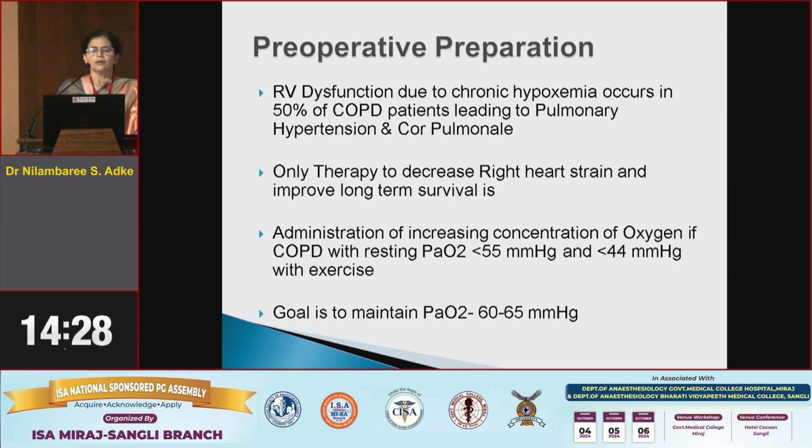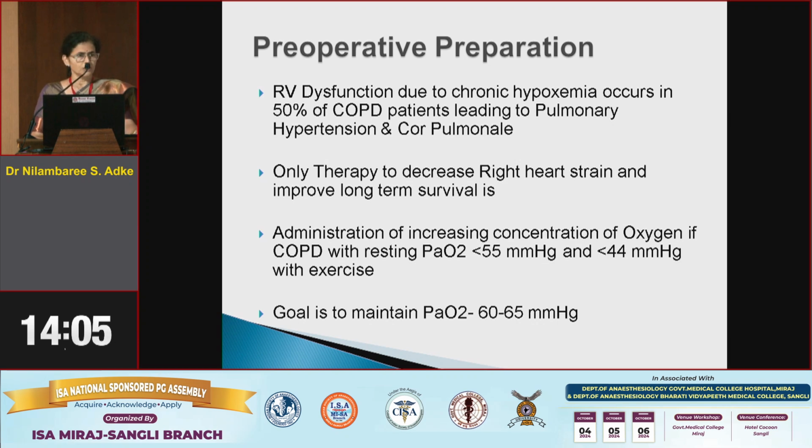Then the only therapy to decrease the right heart strain and improve long-term survival is to give increasing concentrations of oxygen if the COPD patient has resting PaO2 less than 55, or less than 44 millimeters of mercury with exercise. So this denotes severity of the disease.